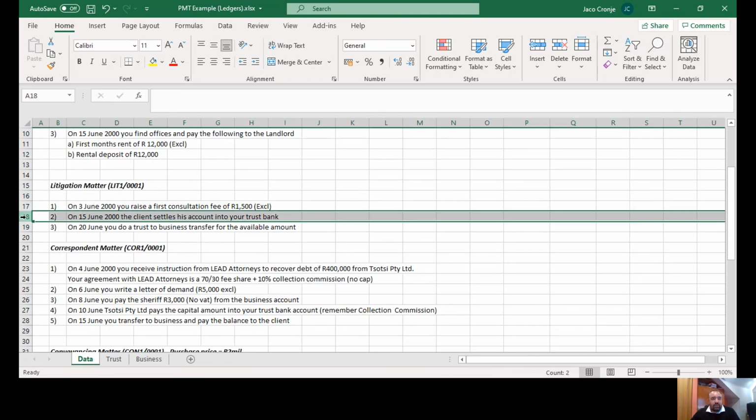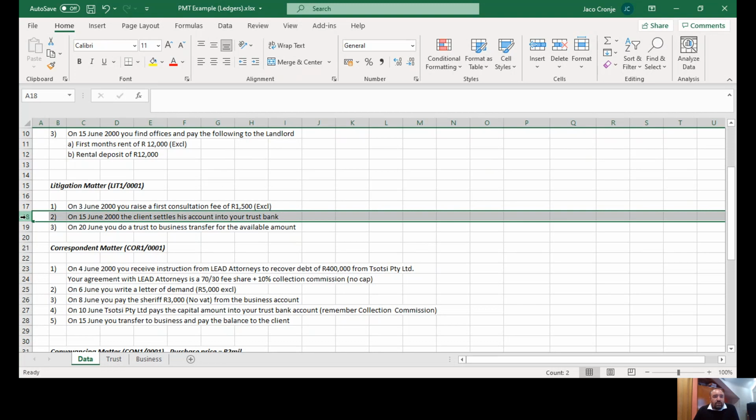Right, next one. On the 15th of June 2000, the client settles his account into your trust bank. So that means you now generated an invoice based on the fee that we wrote into the ledger. You send that invoice to the client, and now on the 15th of June, he pays that amount into your trust bank.